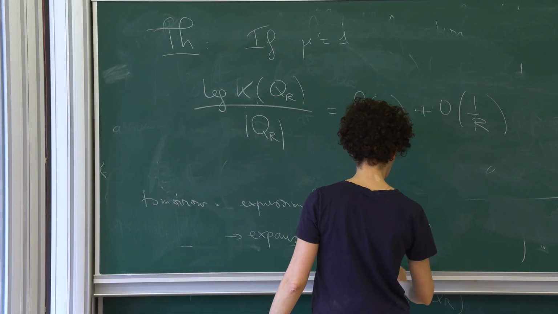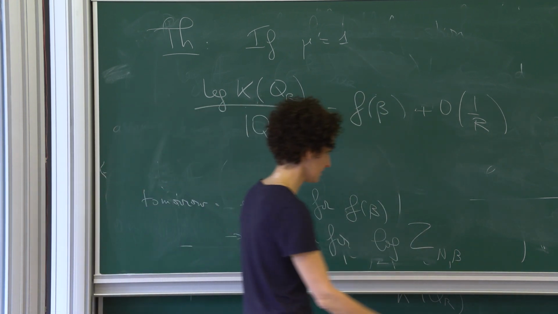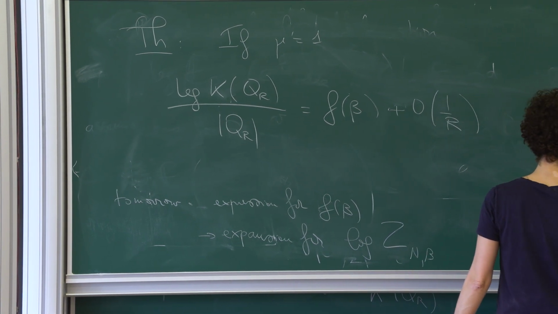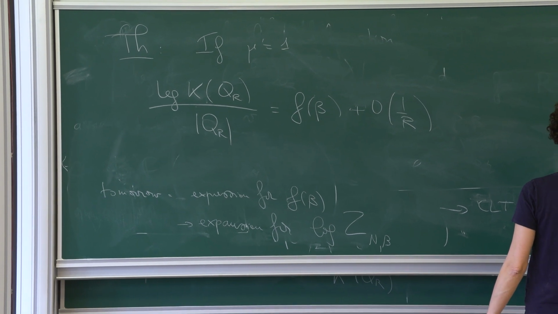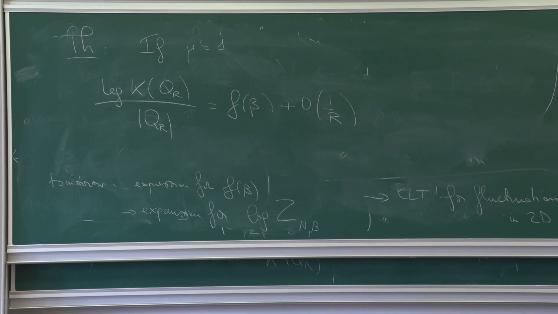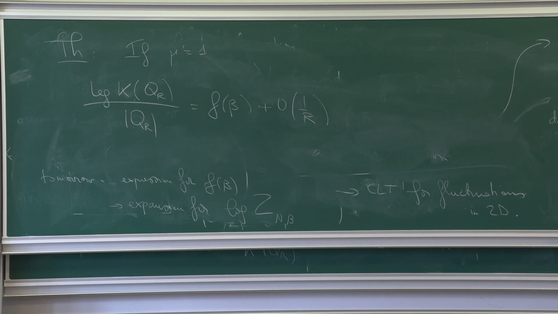But you can go back to the original problem with that, and you can deduce a CLT for fluctuations in 2D at least. So this is all the Coulomb case. You've seen how Coulomb has come at every turn, because every time we solve these Laplace's equations, we're using the fact that it's the Coulomb interaction.